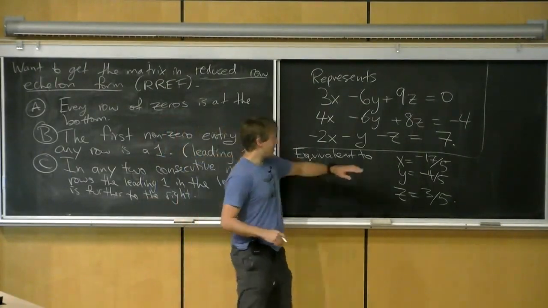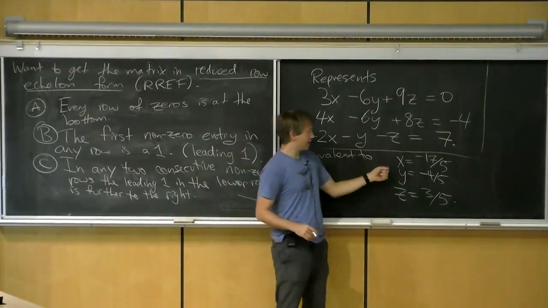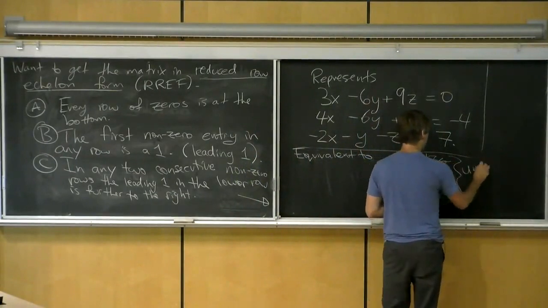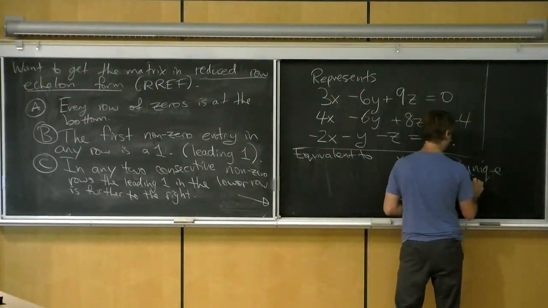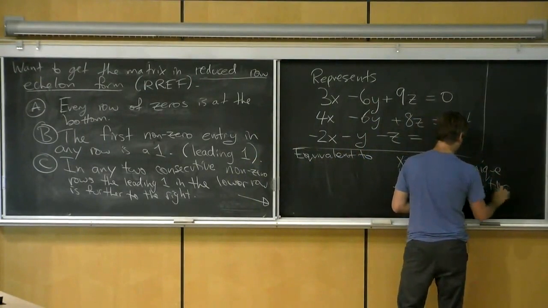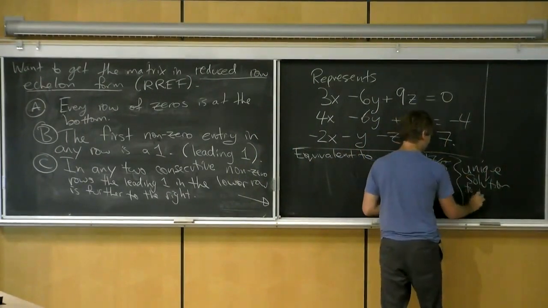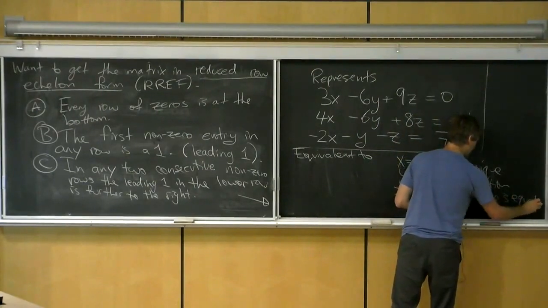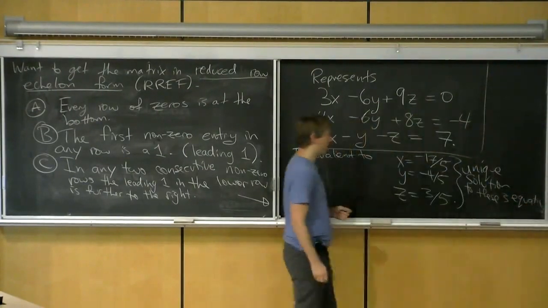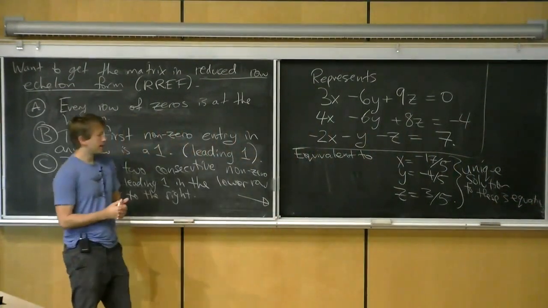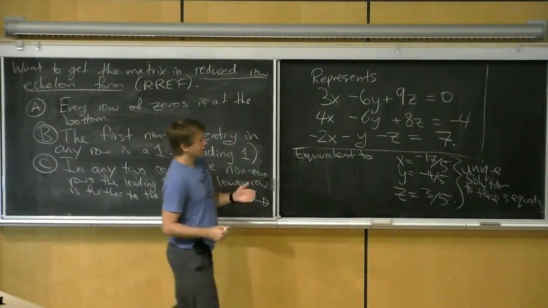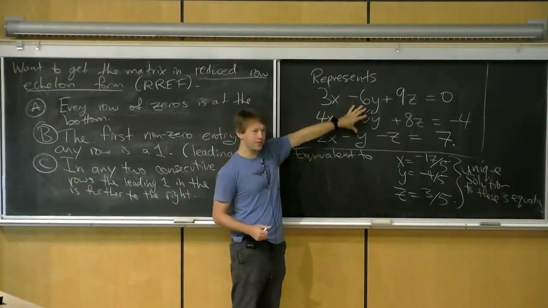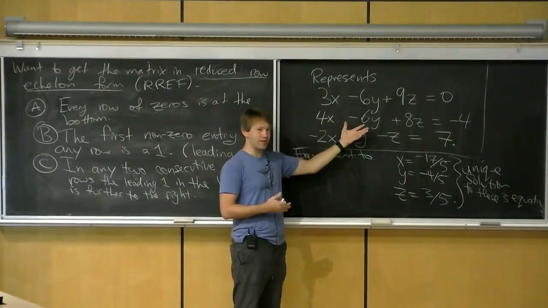So basically, this is the unique solution to these three equations. The idea is you start with these ugly expressions where you can't really see what x, y, and z are.